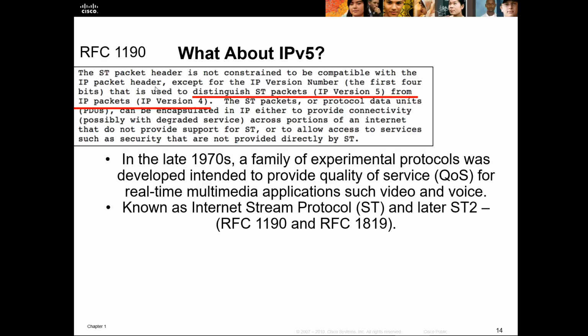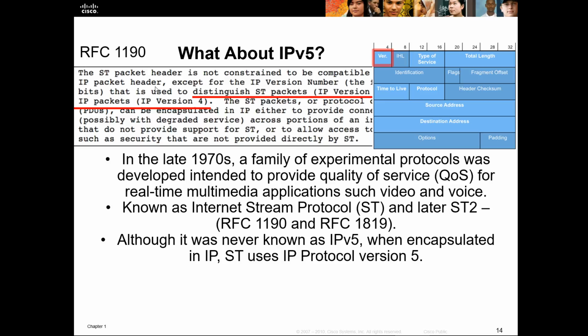This standard was the Stream protocol, or the Stream 2 protocol, RFC 1190 and 1819. Although it was never really known as IPv5, when it was encapsulated, it used protocol version 5, also known as the Streaming Protocol 2. So that was version 5. People didn't get on board with it, it went away.